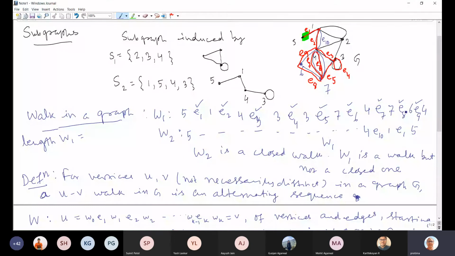I have also written U1, U2 to E9, so it is 9. However, the length of W2 is 11. So this is how we define the length of a walk.